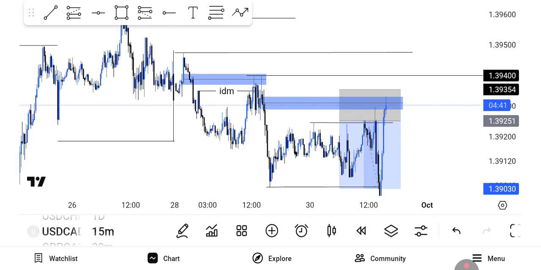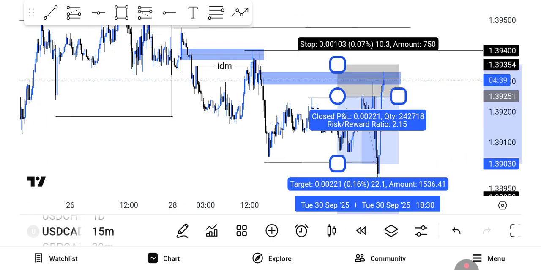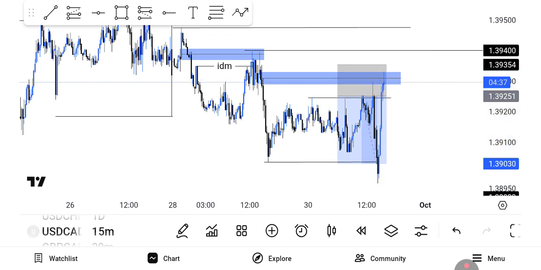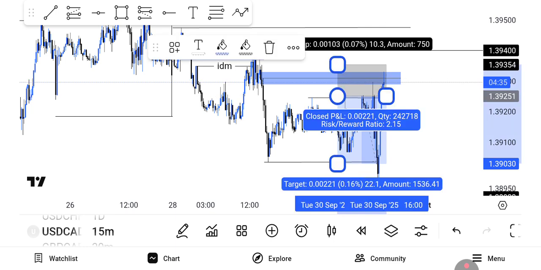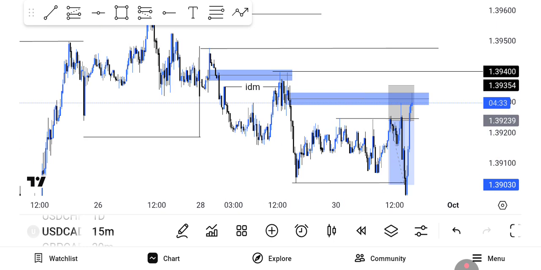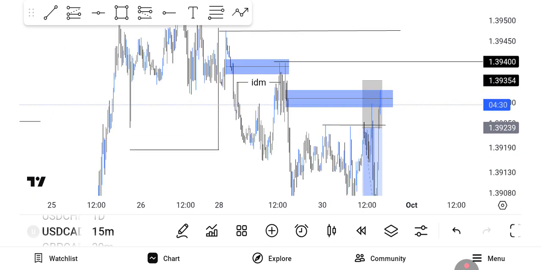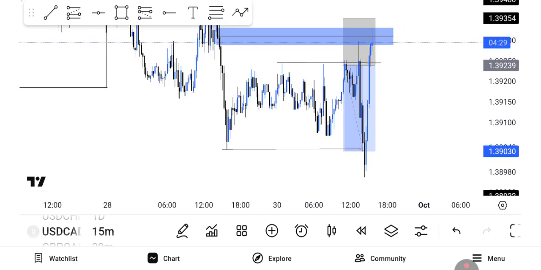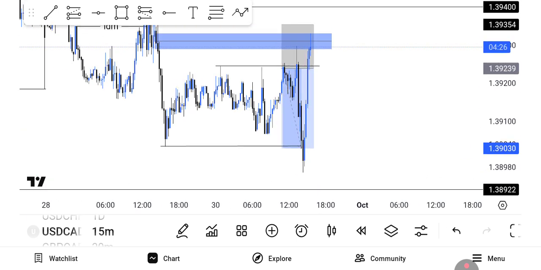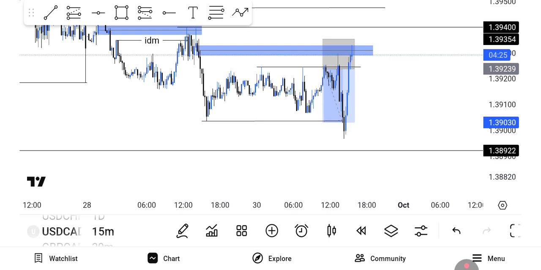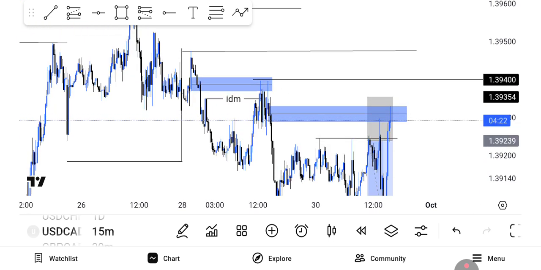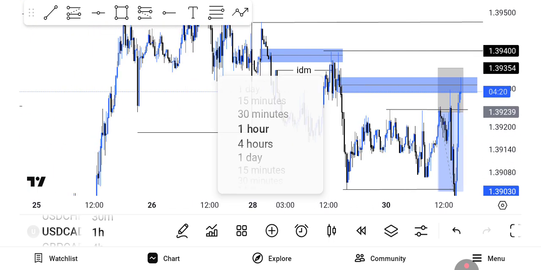So, I want to make a quick breakdown of this trade that I took on USDCAD. Look at the trade here. Let me do a quick breakdown on how I took this trade.